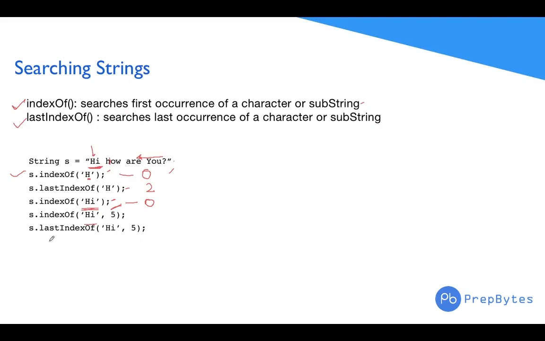Similarly, if we do s.lastIndexOf("hi", 5), it stops searching at index 5. In the case of indexOf, it starts searching at index 5. In the case of lastIndexOf, it starts from the back and stops searching at index 5.